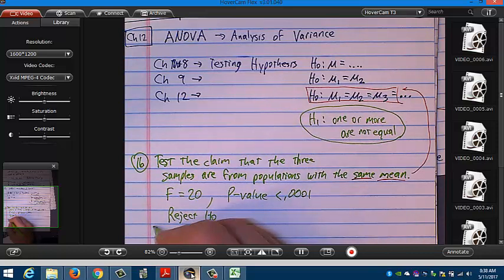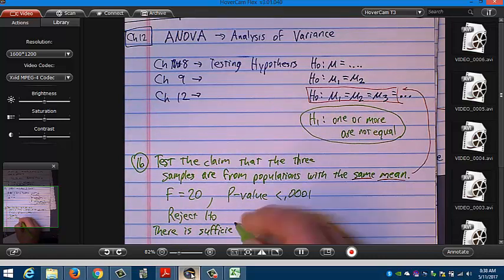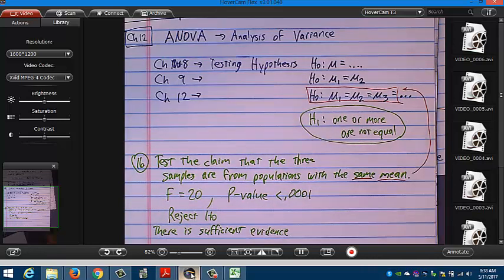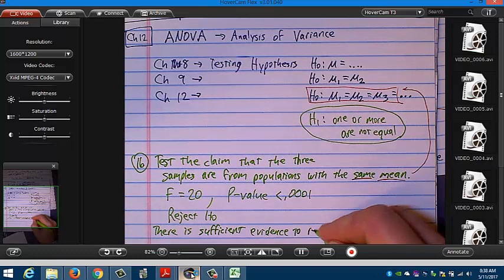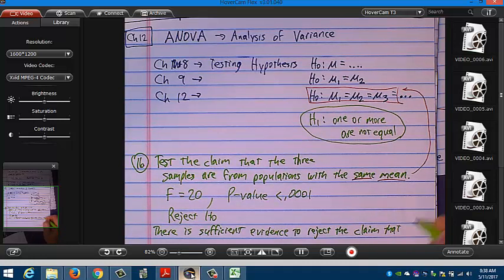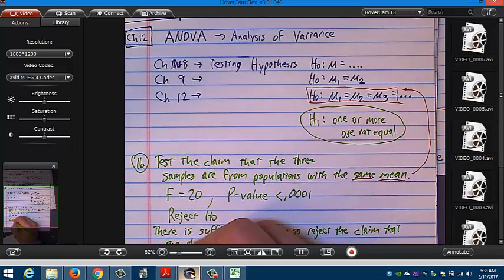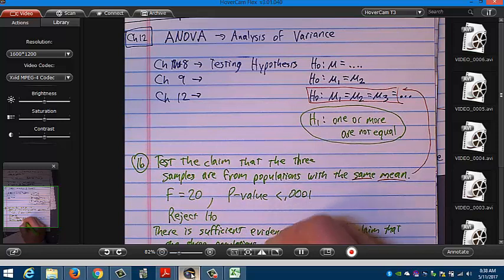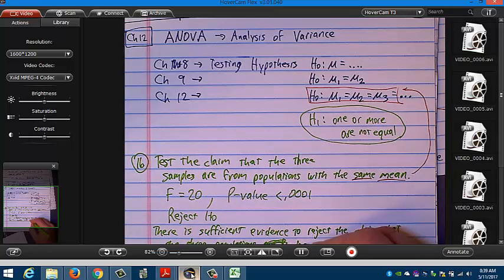And so I say, there is sufficient evidence to reject the claim that the three populations have different means, or do not have the same mean.